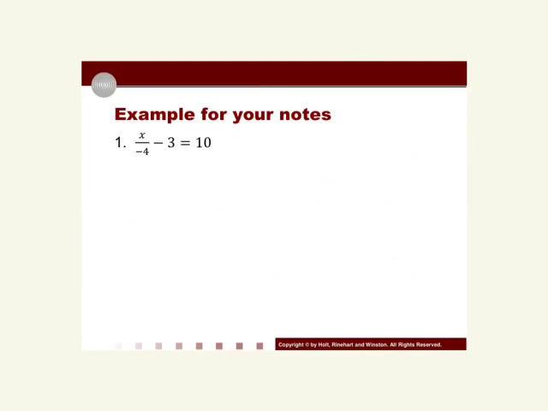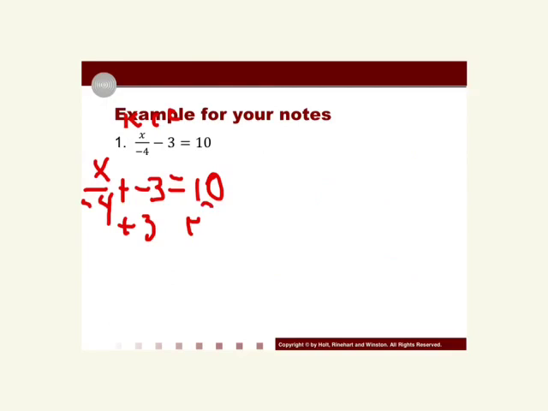Here's another example for your notes. We can keep, change. So we have x over a negative 4 plus a negative 3 equals 10. We're going to add 3 to each side. So you have x over negative 4 equals 13.